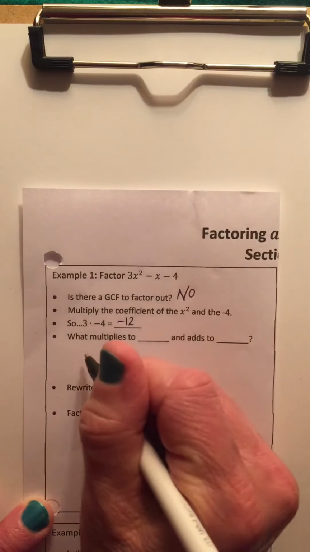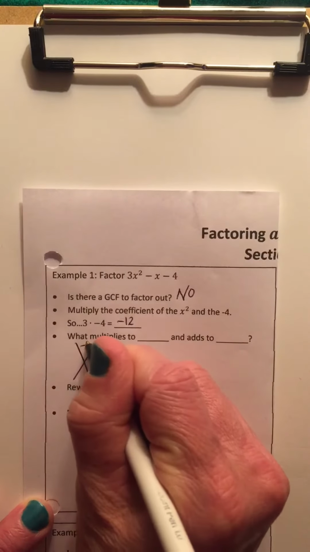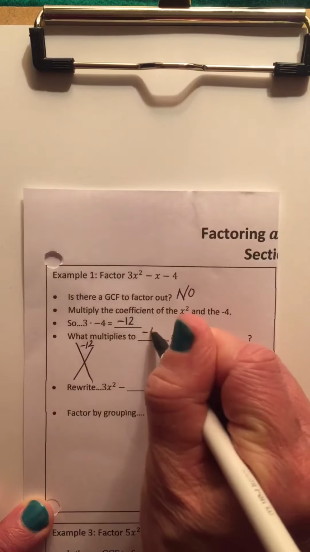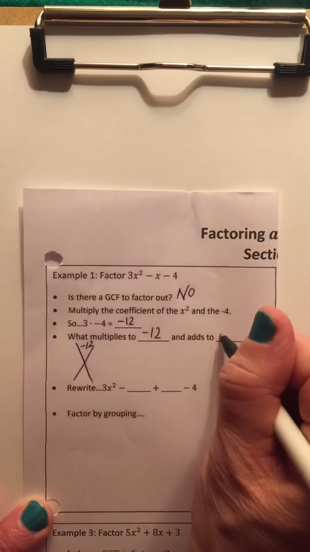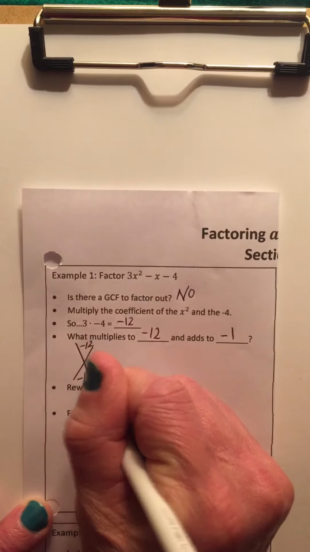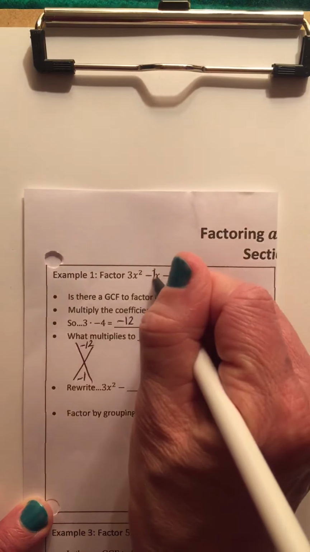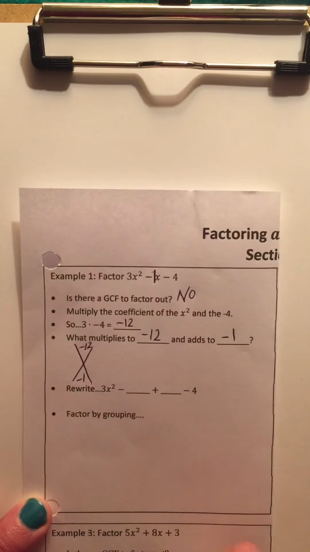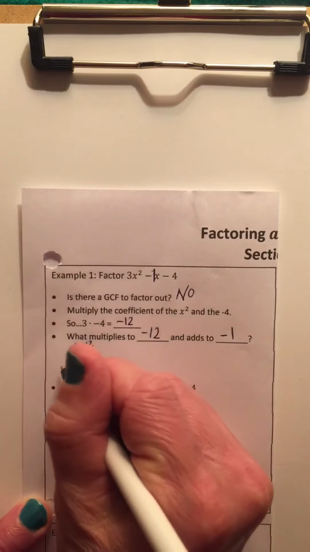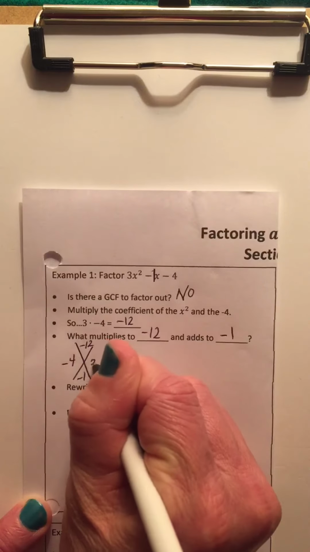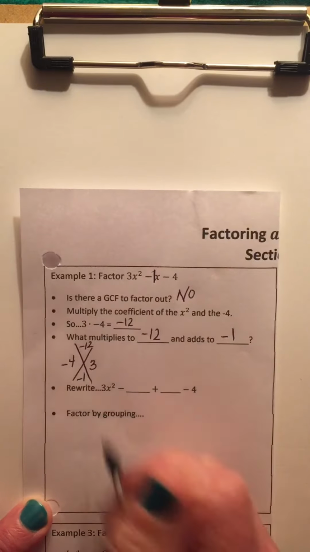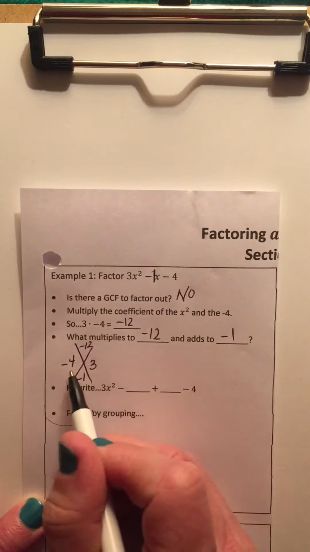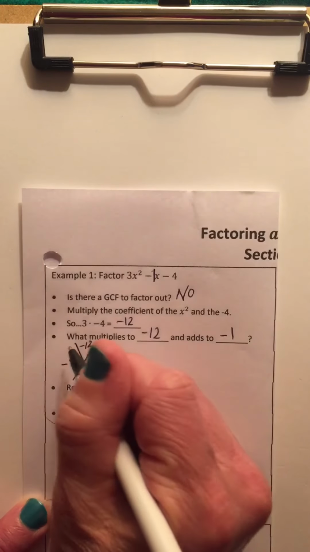So then we ask ourselves, what multiplies to negative 12 and adds to negative 1? That's our coefficient here in front of our x. Negative 4 times 3 is going to multiply to negative 12, and it's going to add to negative 1.